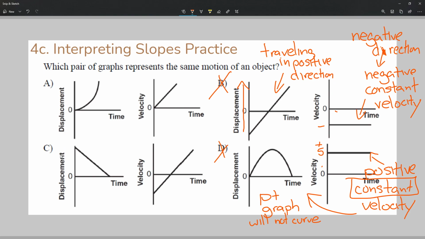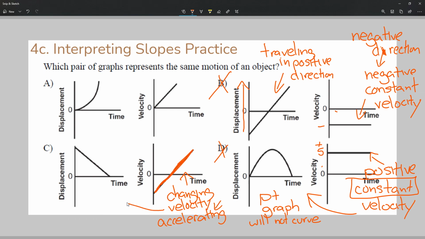So let's look at C. C is saying that your velocity is changing, right? So you have a changing velocity, which means you are accelerating, right? So you are accelerating here.